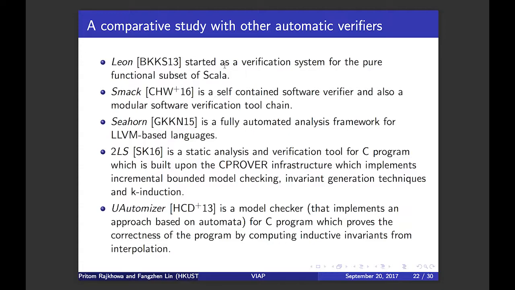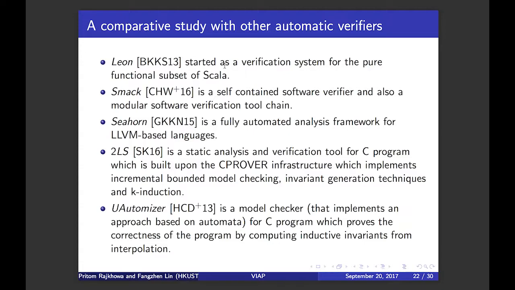One of the achievements of SMACK is that it scored the second highest overall score and won the silver medal in the SV-COMP 2017 competition. SeaHorn is a fully automated analysis framework for LLVM based languages, based on constraint based Horn clauses.